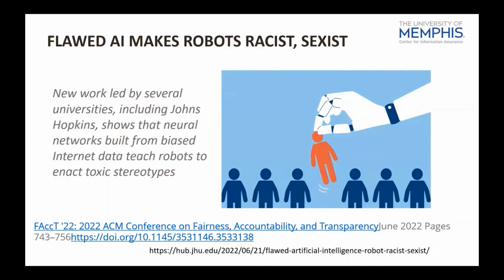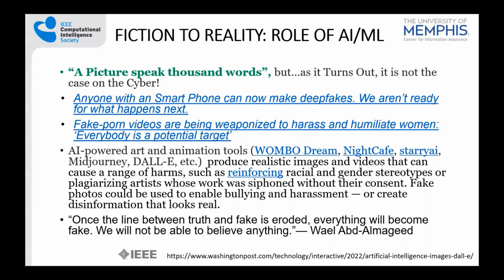And lastly, we are coming to the game of fiction to reality, the role of AI/ML. AI/ML can take multiple roles, or sometimes dual roles. In the case of image, audio, and video, that's very interesting. Some of the fiction has now become reality to people who don't understand.